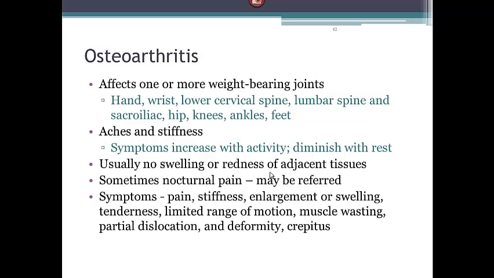Sometimes there's nocturnal pain. And again, the symptoms are pain, stiffness, swelling, tenderness. Remember that osteoarthritis is a chronic arthropathy. It's a disruption and potential loss of joint cartilage.